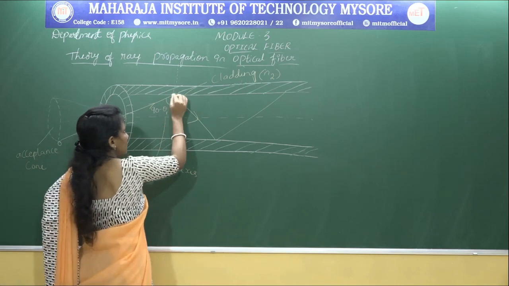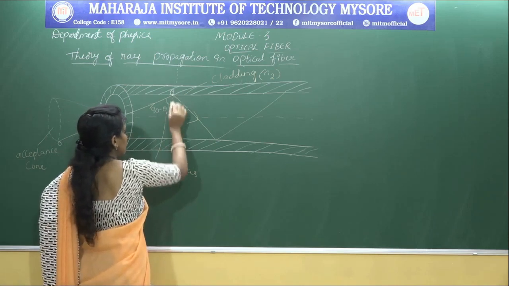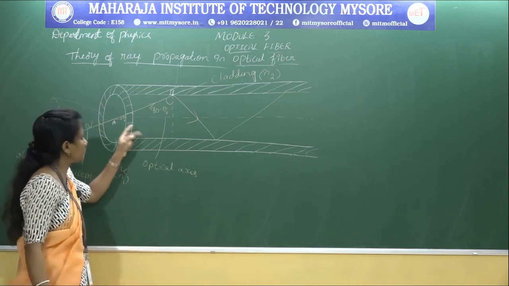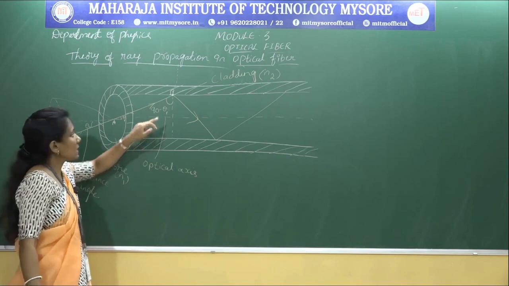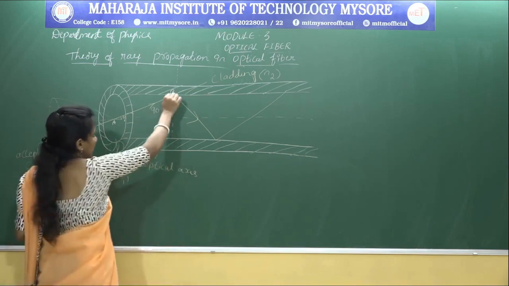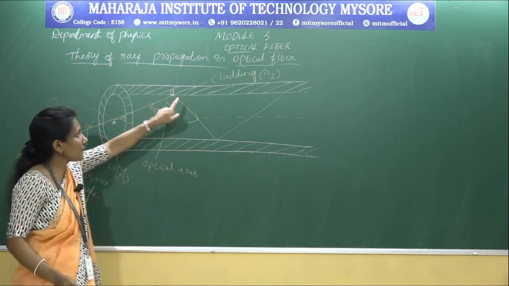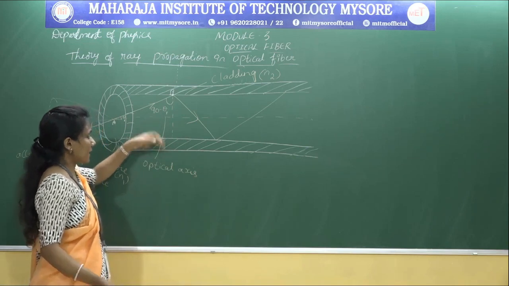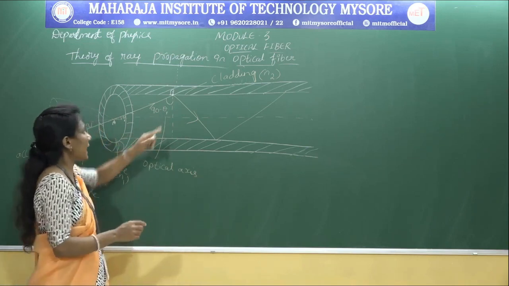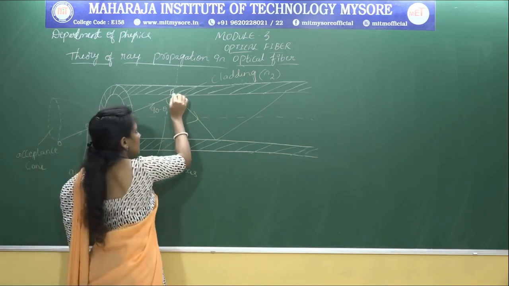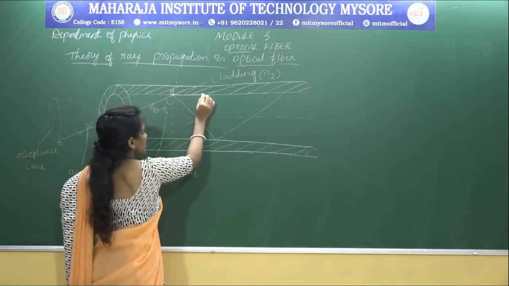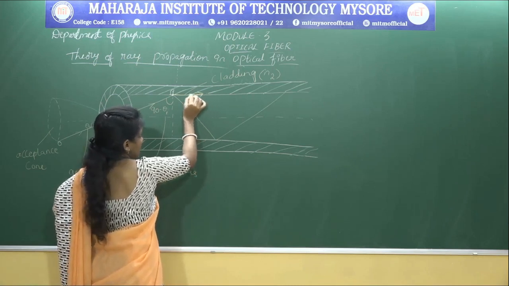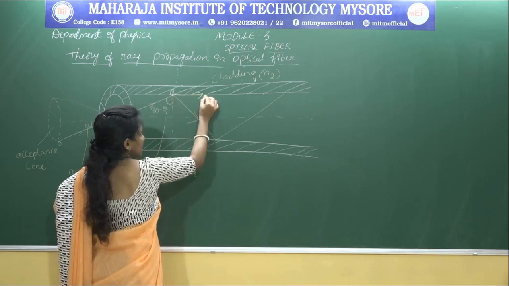So this is at point B, consider this as point B. When a ray of light strikes the interface between the core and cladding, that light ray is reflected back into the same medium at point B. And when the angle of incidence is equal to the critical angle, at that time what will happen? This is the interface between the core and cladding region. Name this point C.